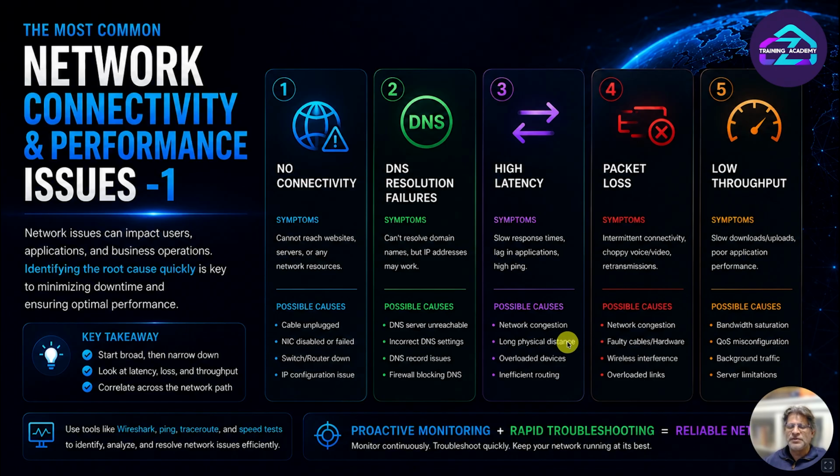Yes, long physical distances will slow things down, but you have to understand how far will be acceptable. For example, I live in Vancouver. If I ping a machine in New York, Vancouver is on the west side of Canada and New York is on the east side of the United States.